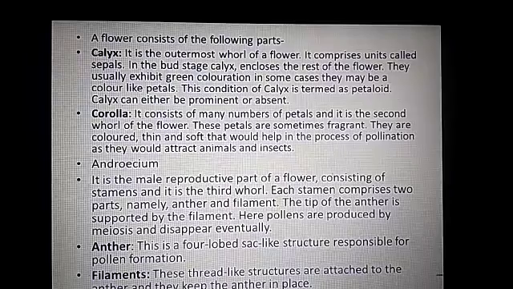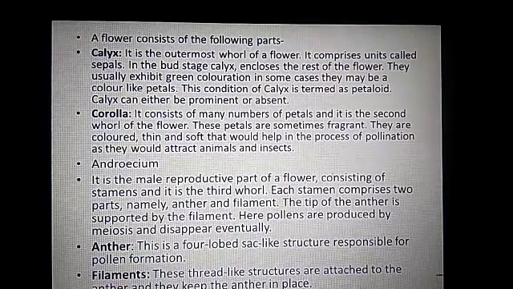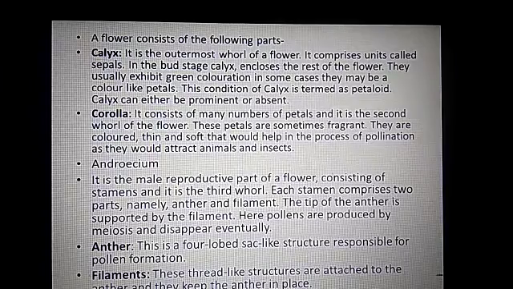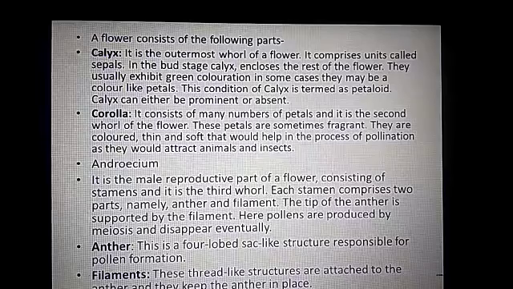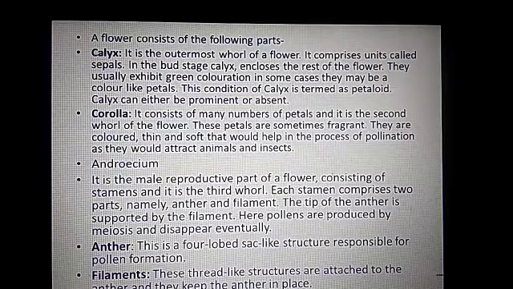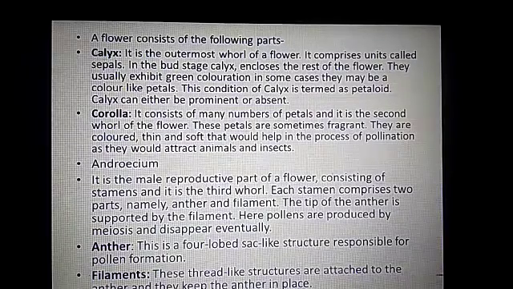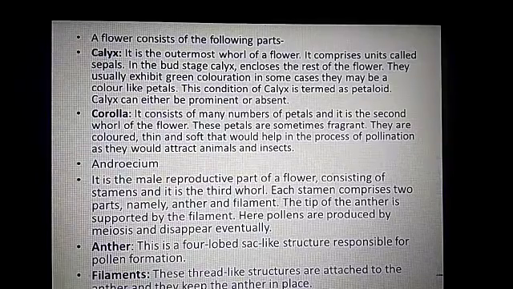Each stamen consists of two parts, that is anther and filament. Here pollen is produced by meiosis. Anther is a four-lobed, sac-like structure responsible for pollen formation.